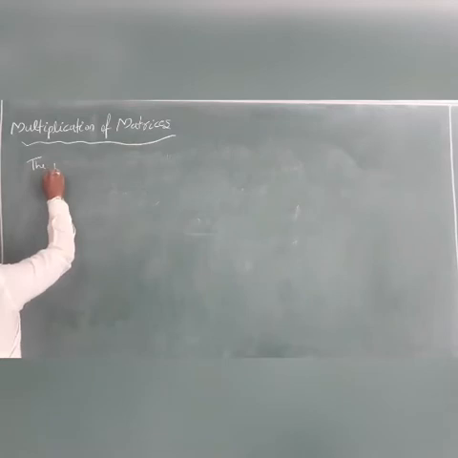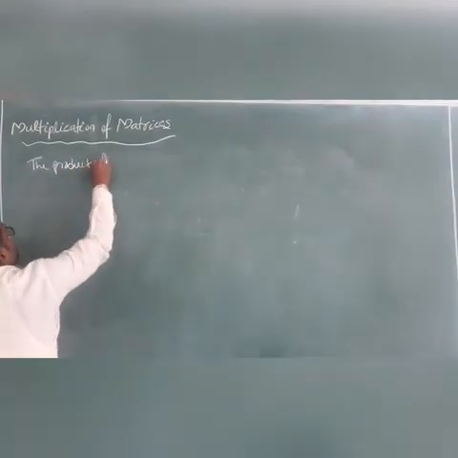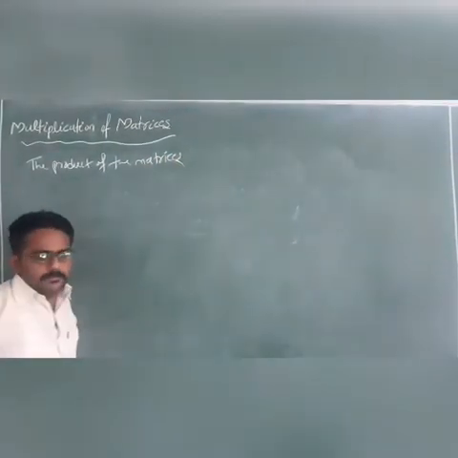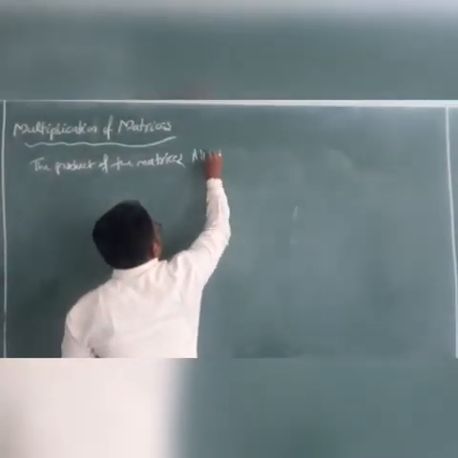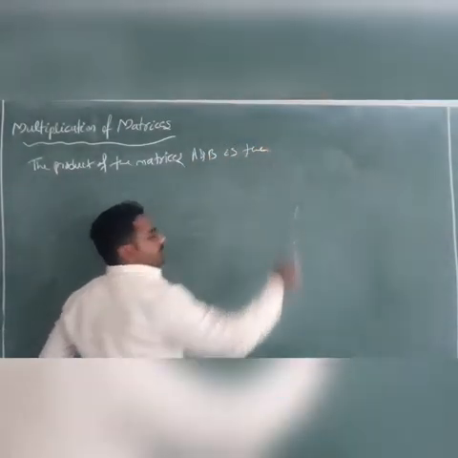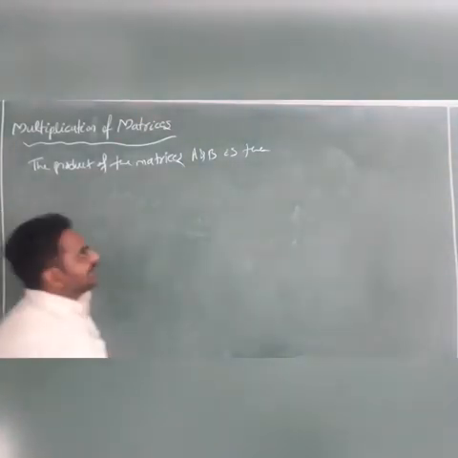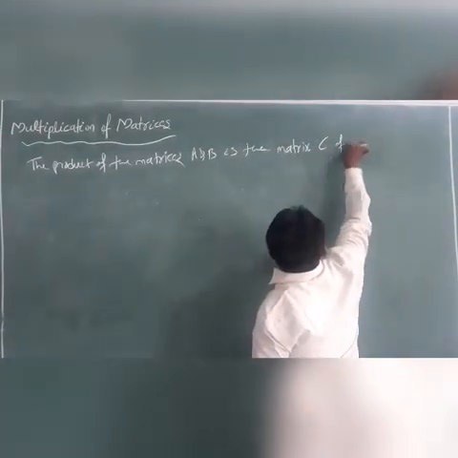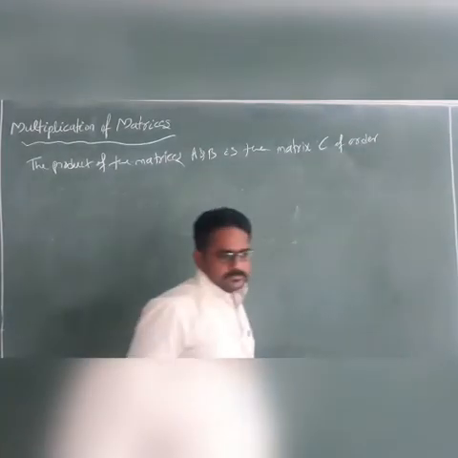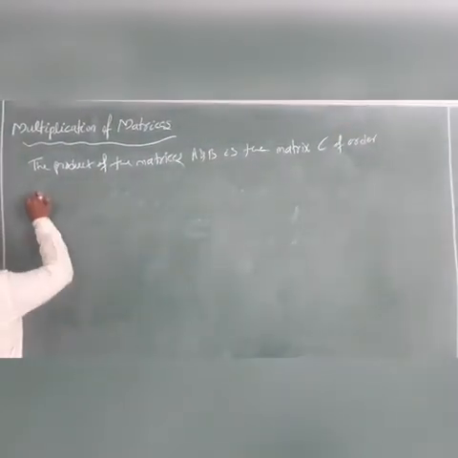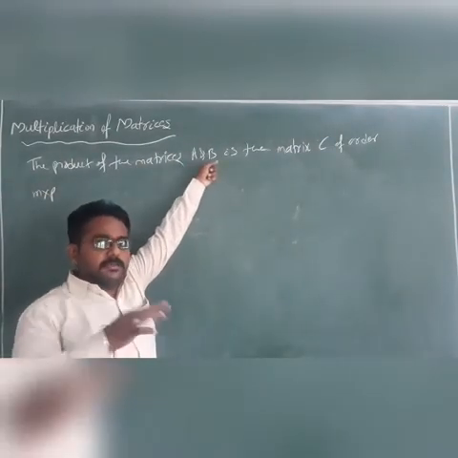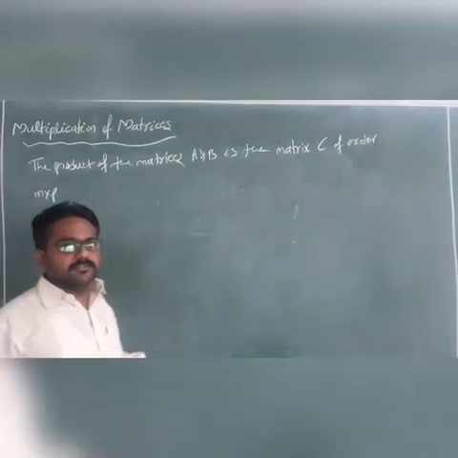See here, the product of the matrices A and B is the matrix C, of order M by P. I already defined the matrix A of the order M by N and matrix B of the order N by P in the just previous definition.